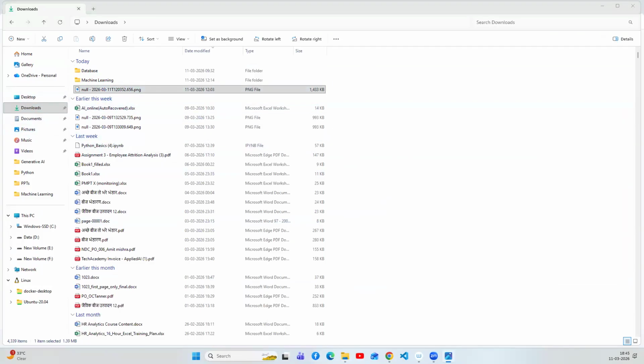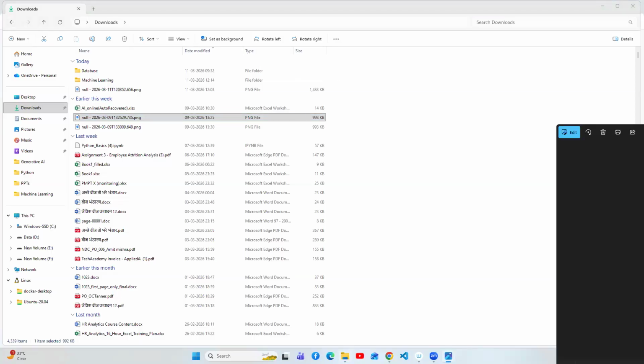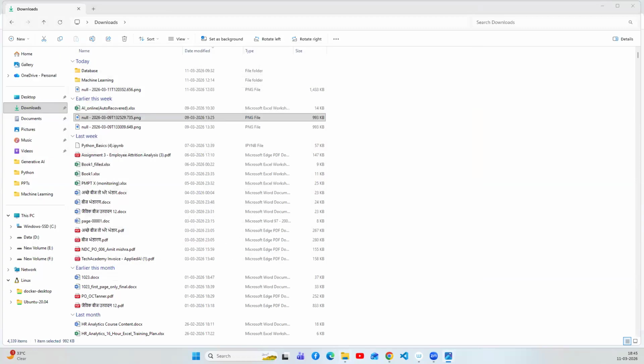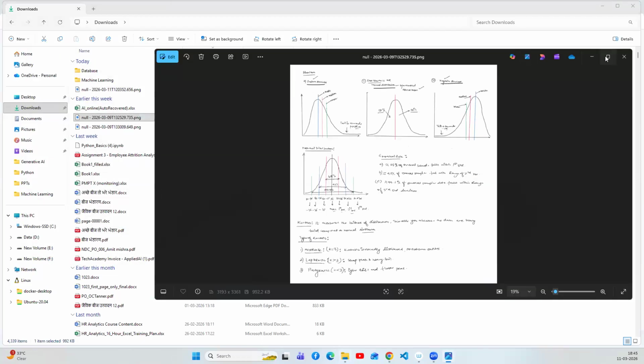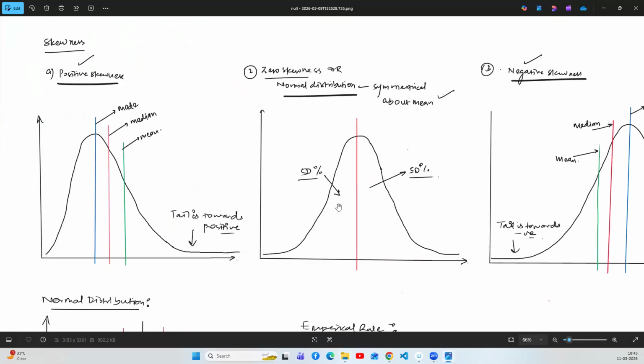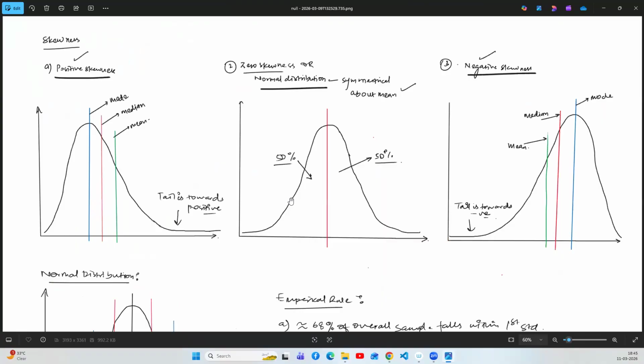Let me show you. This is the one. All right, so look here. If your data is represented as a curve shape, there are three possible outcomes.